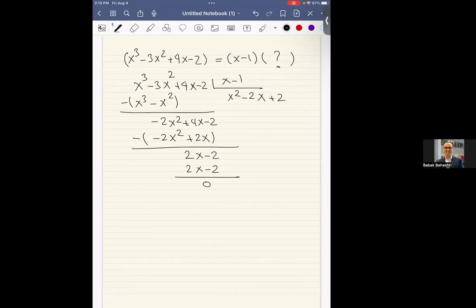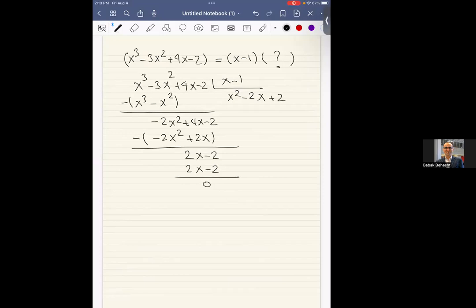Because of the constant at the very end, one of the factors is minus 1? No. The reason is the sum of these coefficients is 0. So what are the coefficients in this equation? 1, minus 3, plus 4, minus 2.